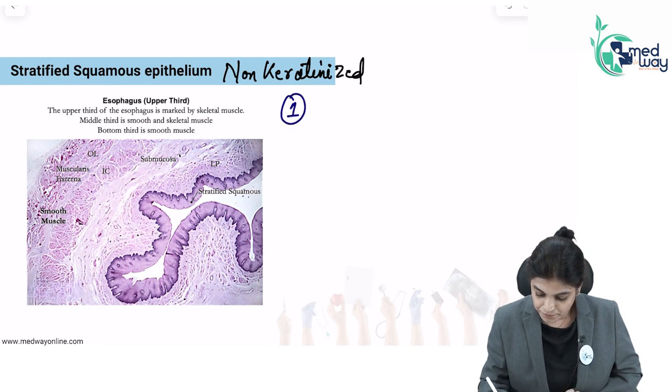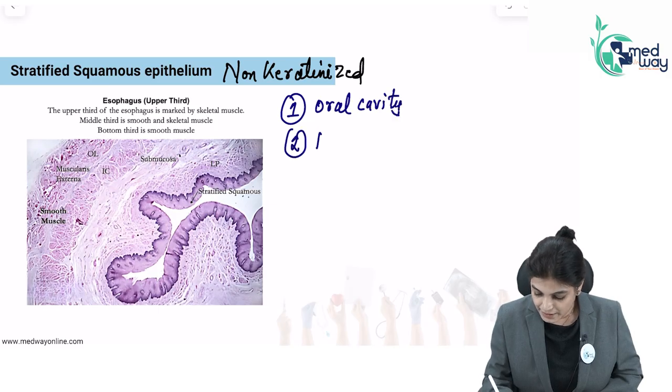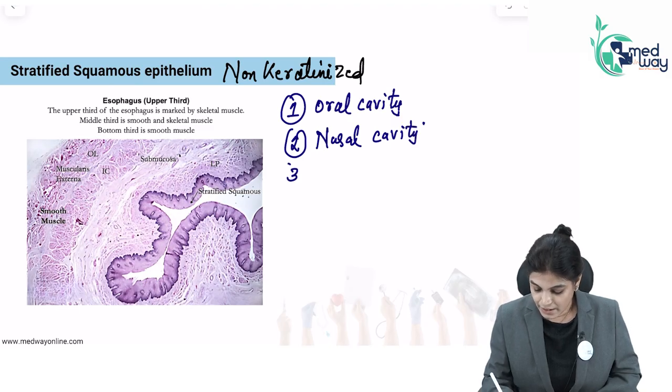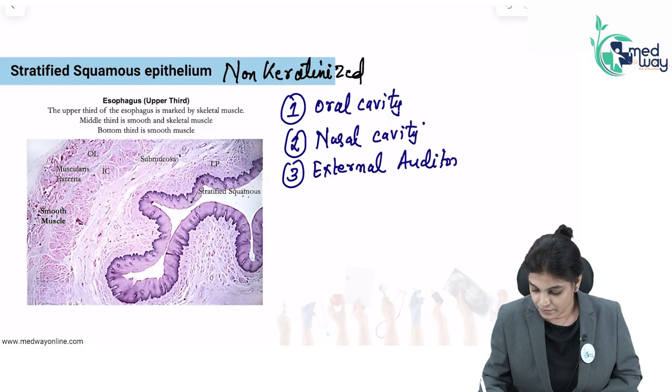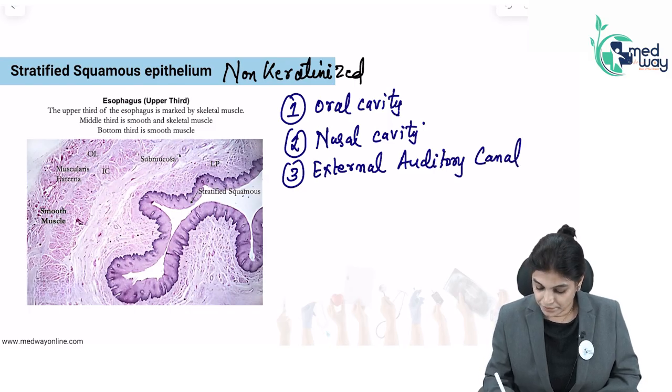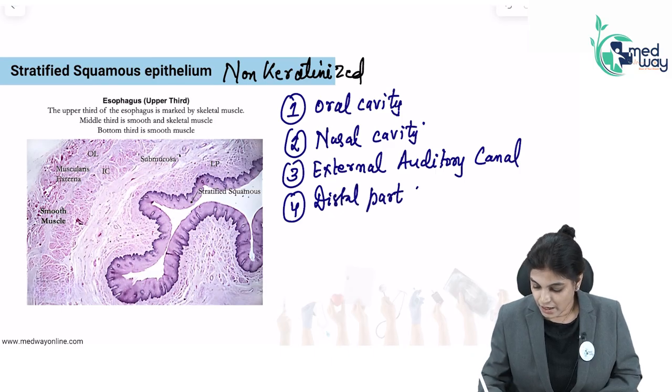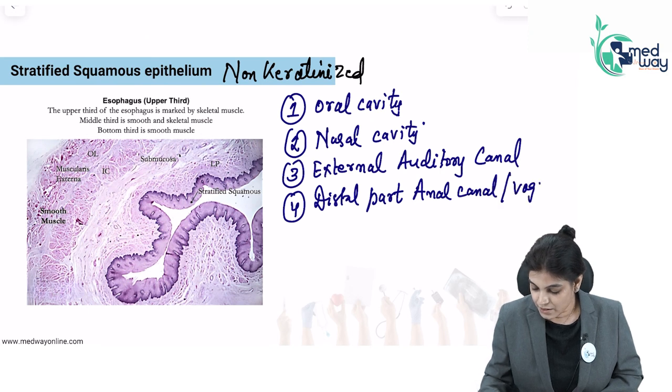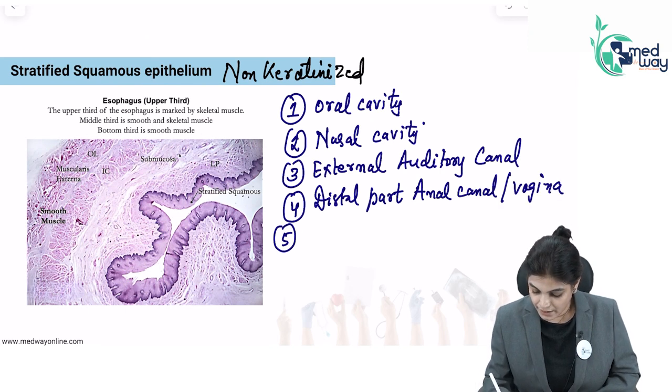It is present in the oral cavity. It is present in the nasal cavity. It is present in the external auditory canal. It is also present in the distal part of the anal canal and vagina. It is also present in the tongue lining epithelium.